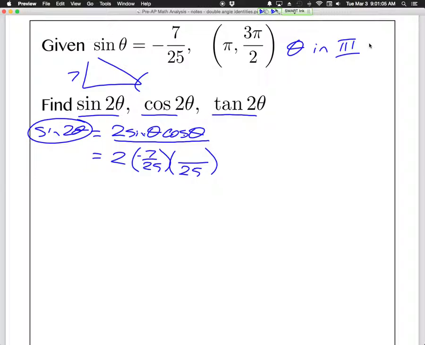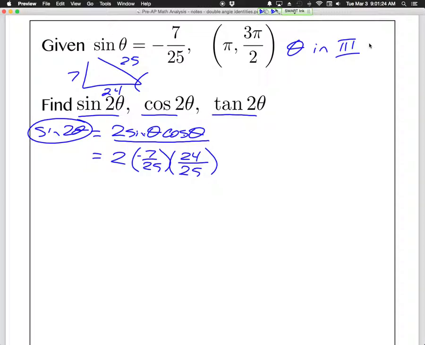So I've got 7. I've got 25. I'm going to use the Pythagorean theorem to find this third side to save time. It ends up being 24. So that means this is 24 over 25.